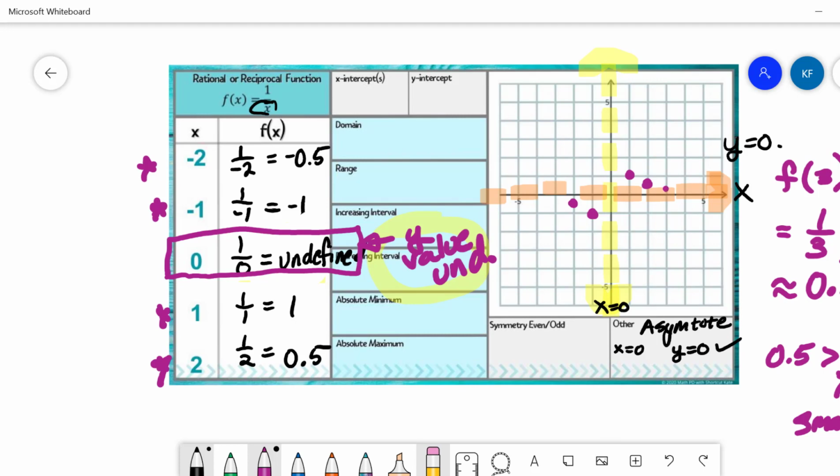And then likewise, if I put in 4, it would be 1/4, which is 0.25. That's even smaller. So that's what's happening with the asymptotes, is as we move towards infinity on the x's, my values here are going to get smaller for the y's.